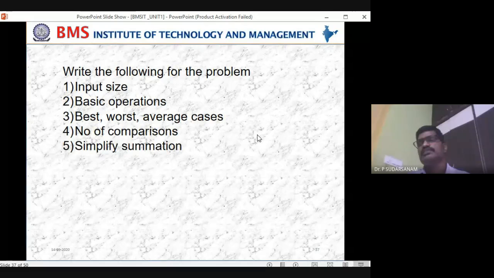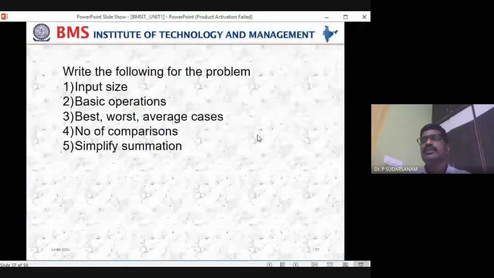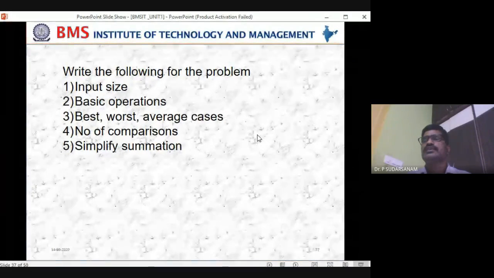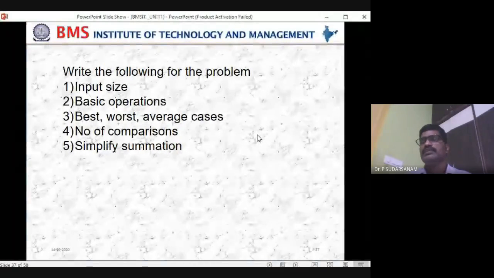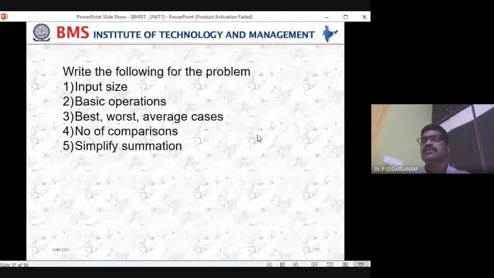A function f of n is said to be in big O of g of n, denoted f of n belongs to O of g of n, when f of n is bounded above by a constant multiple c times g of n. There exist a non-negative integer n naught and a constant c such that f of n is less than or equal to c times g of n, where n is greater than or equal to n naught.